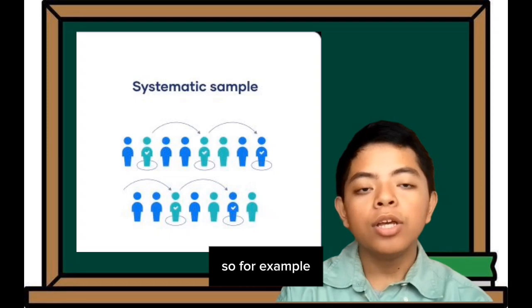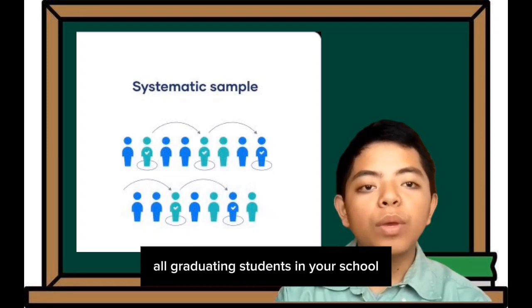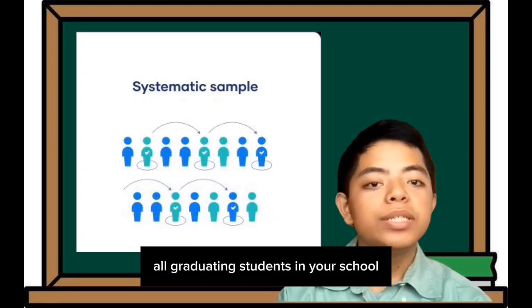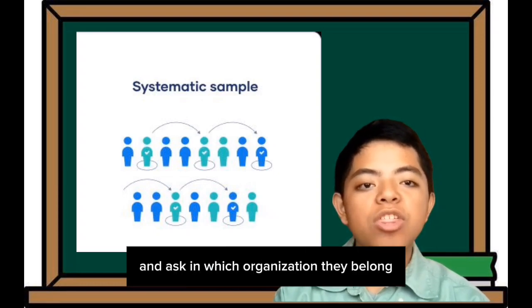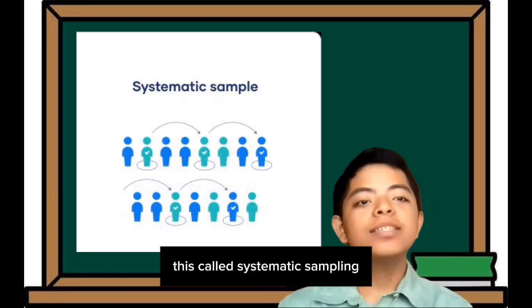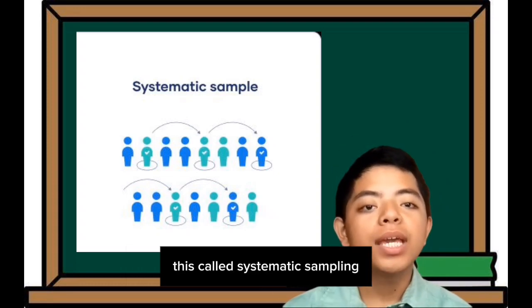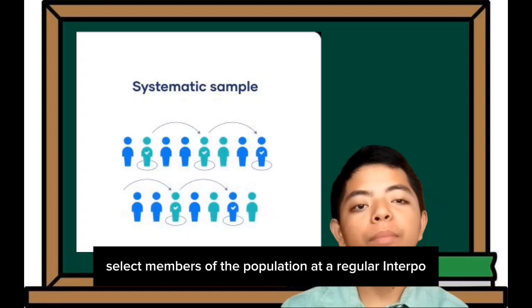For example, you are given a list of all graduating students in your school. You decide to survey every 10th name on the list and ask in which organization they belong. It is called systematic sampling because the researchers select members of the population at a regular interval.